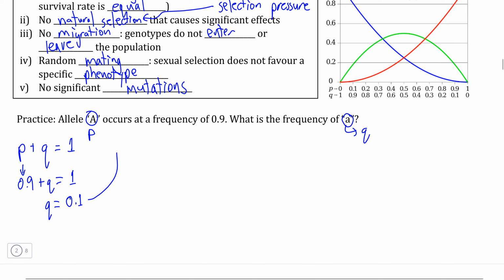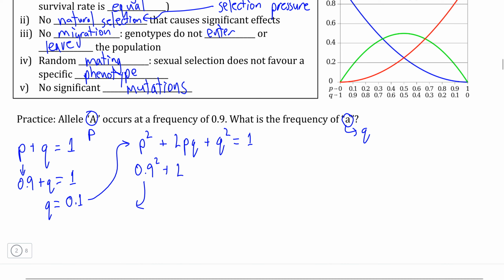Now, what this allows us to do is, if we actually put P and Q into the Hardy-Weinberg equilibrium equation, P squared plus 2pq plus q squared is equal to 1, we can actually substitute P in for P squared. So this would be 0.9 squared, and this would give us the allele frequency of the homozygous dominant allele here.